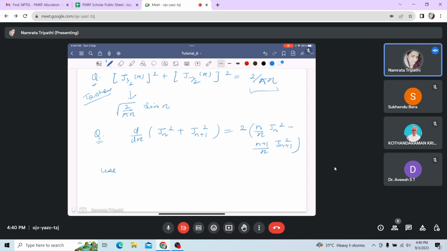Use the recurrence relation. You can use these two recurrence relations and you can show the expression.